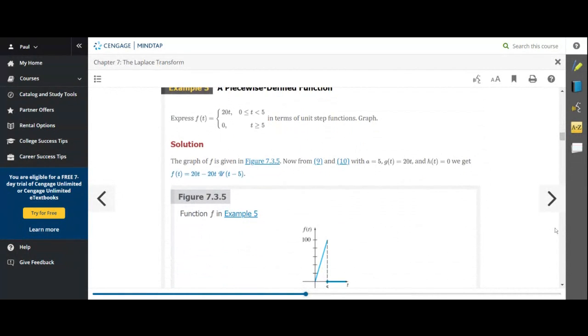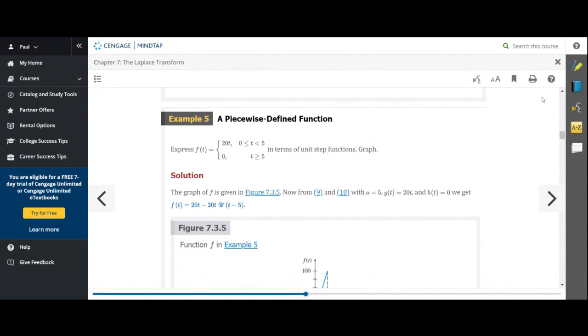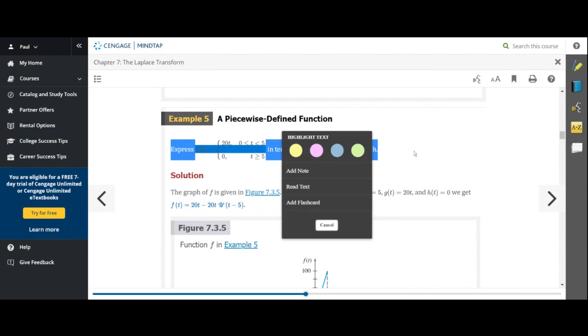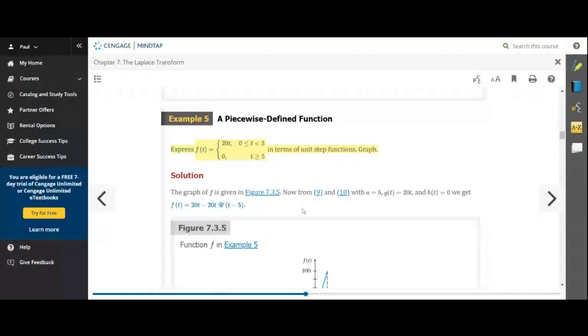I want to go actually right to the example here. So here they have a piecewise defined function. Okay, maybe I can just highlight it in yellow. Okay, so this function equals 20t when t is greater than or equal to 0, less than 5.